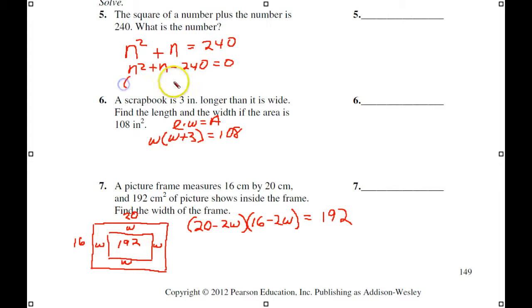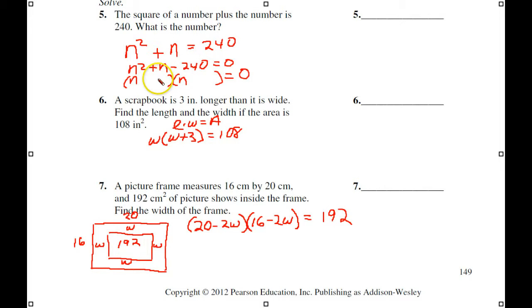Now we factor this. We have an n there, n there. And as we look at this, we're looking for factors of 240 that have a difference of 1.